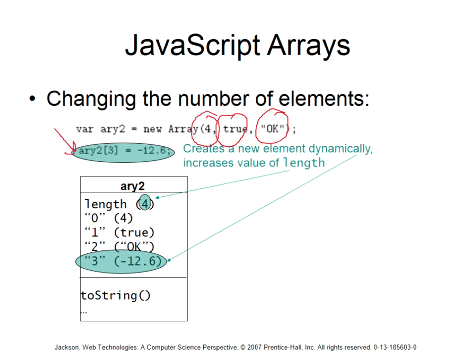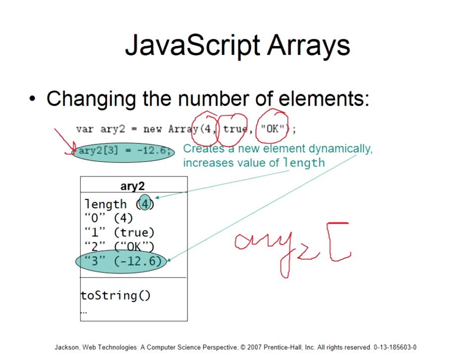So if I write array2[3] like this, this instruction will create a new element and dynamically increase the value of length. So the value of length will be increased.